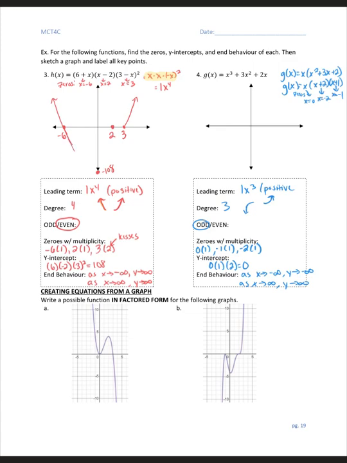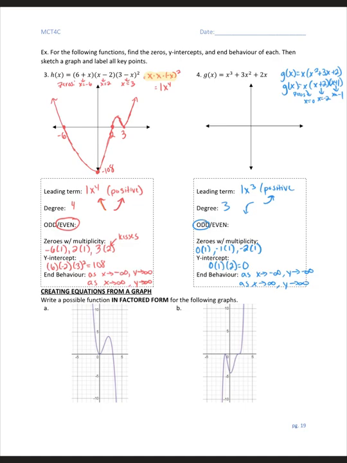It doesn't need to come back up to the x-axis until our next 0, which is at 2. So at 2, the multiplicity is 1, so again we're going to cross the x-axis and then come back down to 3. And at 3, our multiplicity is 2, which means it just touches the x-axis there and then goes back up. All right, so that's a rough sketch of that function.